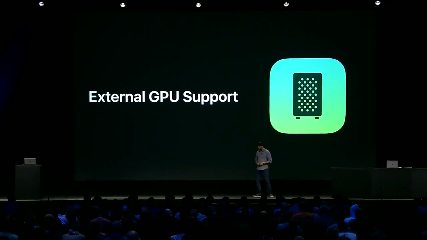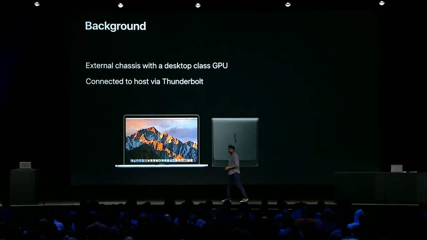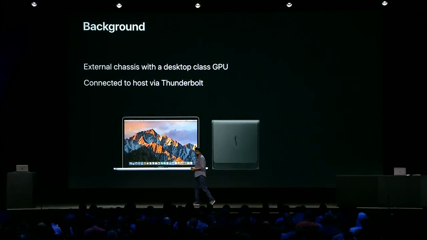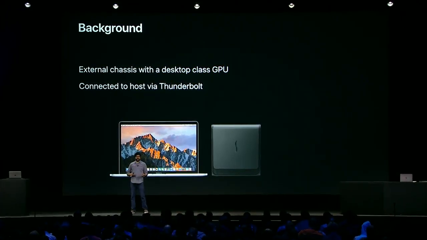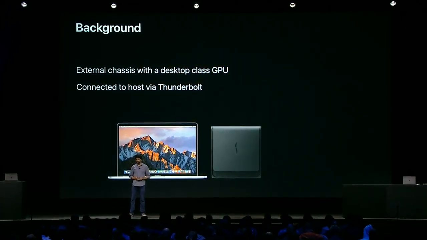All right, let's move on to talk about the external GPU support that we've added with macOS High Sierra. So an external GPU is a standalone chassis with a desktop-class GPU in it that you can plug directly to your host system via Thunderbolt.